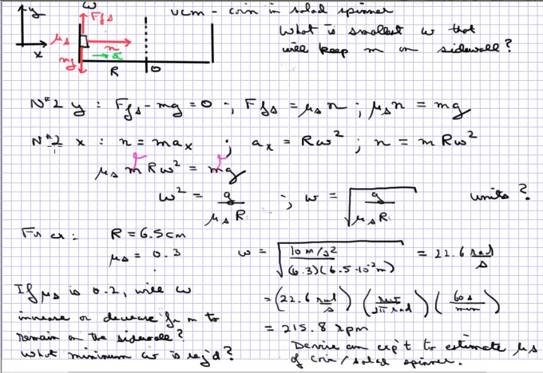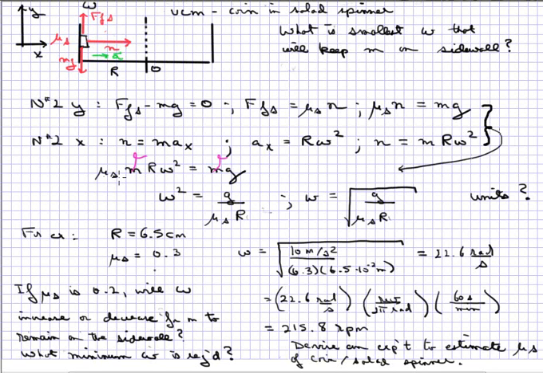Newton number 2 in the x direction says very simply that N is equal to m times a sub x. But because we have uniform circular motion, UCM, a sub x is equal to r omega squared. And so therefore the normal force is equal to m times r omega squared. If I put these two together, I'll get this equation that you see right here.